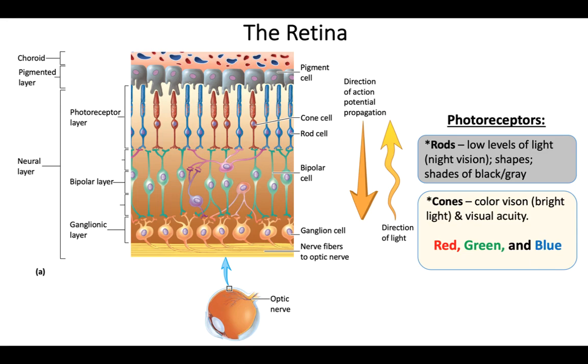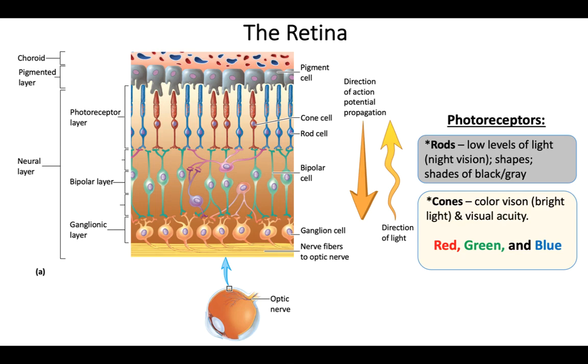So you can see color much better with bright light. And they provide our best visual acuity. Visual acuity is the sharpness of vision. All right, so cones are really good for your nice sharp vision. That's why at night you don't have very sharp vision, because you're working primarily with your rods.